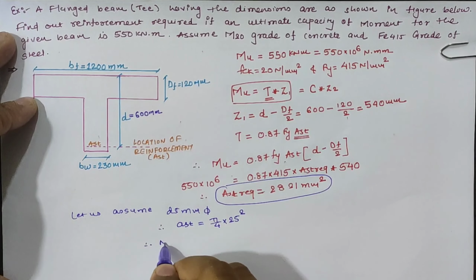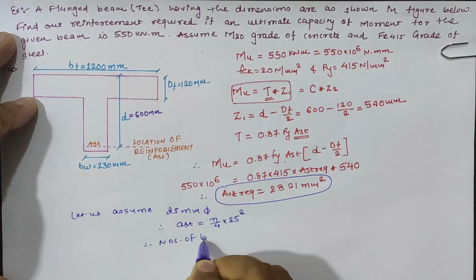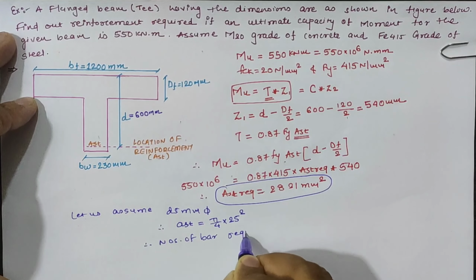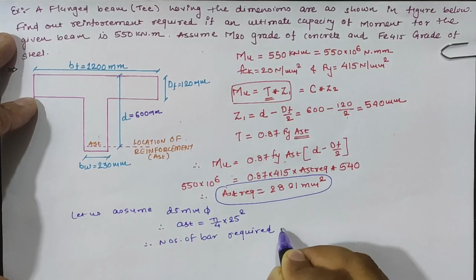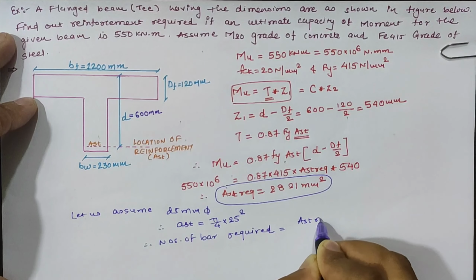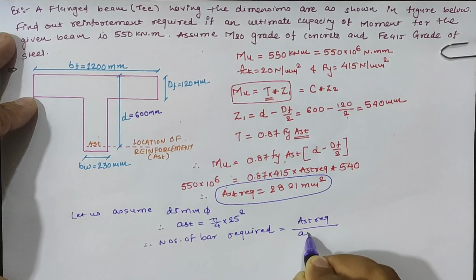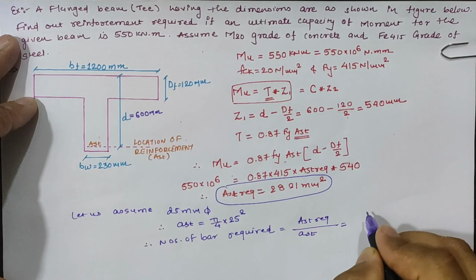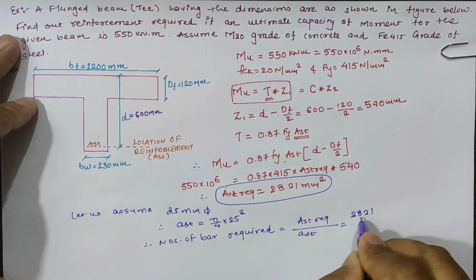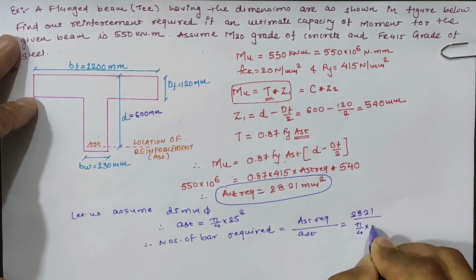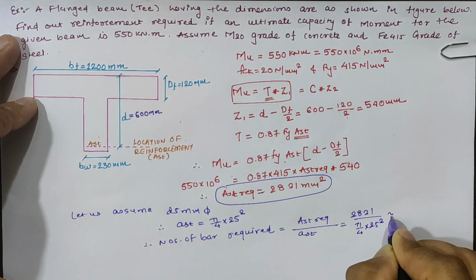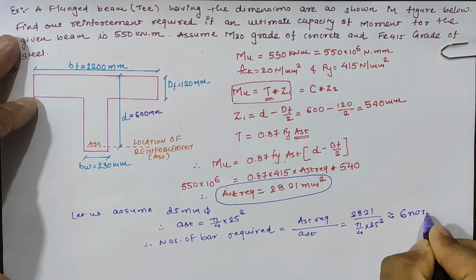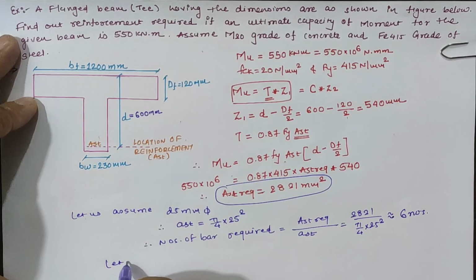Hence numbers of bar required is equal to total AST required divided by AST per single bar. Hence, which is 6 numbers.